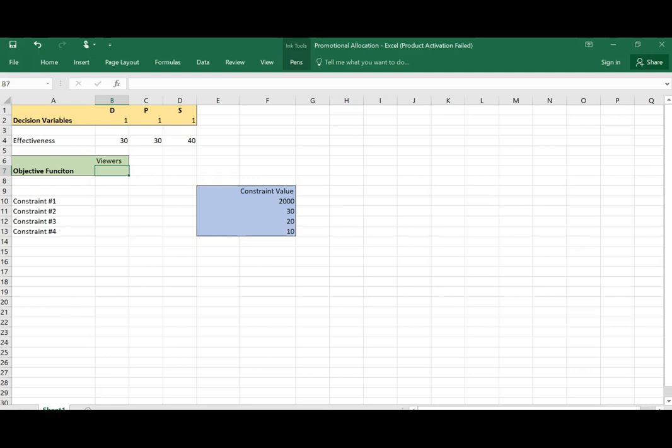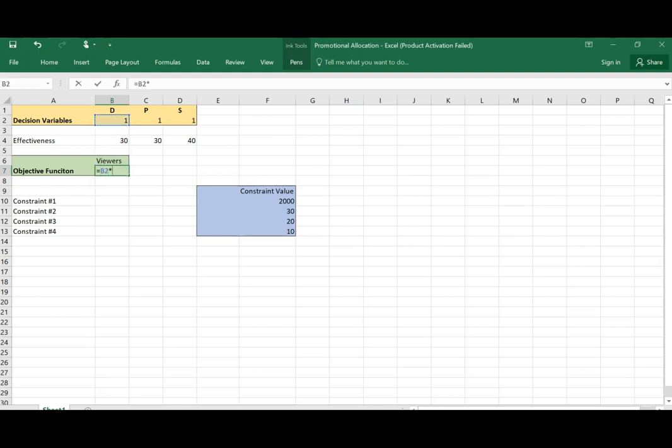The objective function was looking at the level of D, P, and S based on their effectiveness, right? And so we've also got these levels of effectiveness, 30, 30, and 40. Again, if you go back a slide, do you remember where the 30, 30, and 40 come from? And then the objective function is telling the total number of views. So again, I'm going to do a little bit of spreadsheet modeling.